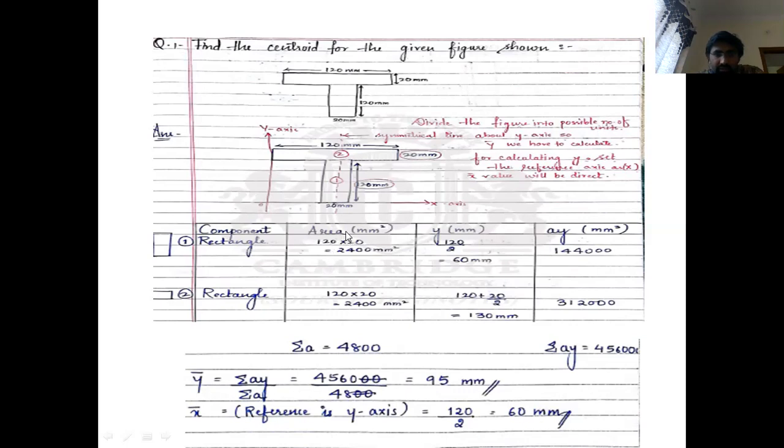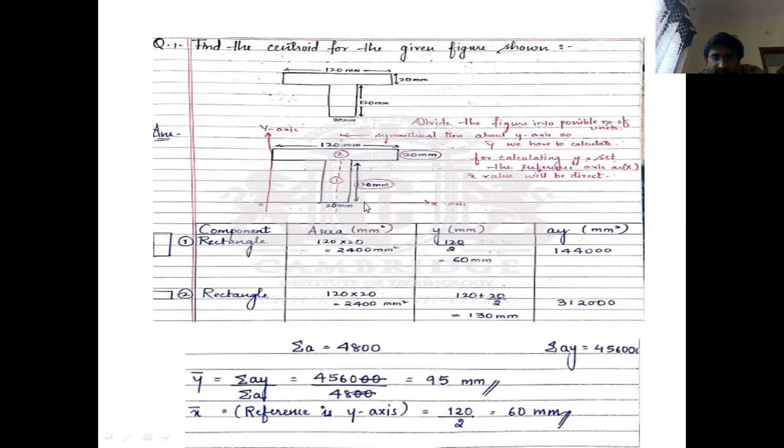So what is the area of the first component? That will be 120 multiplied by 20, which is 2400 millimeter square. And similarly, what is the y bar? Right now, I am calculating the y distance. If you would like to get the vertical distance, you get it with reference to the horizontal reference axis only. So I'm keeping this in the first quadrant.